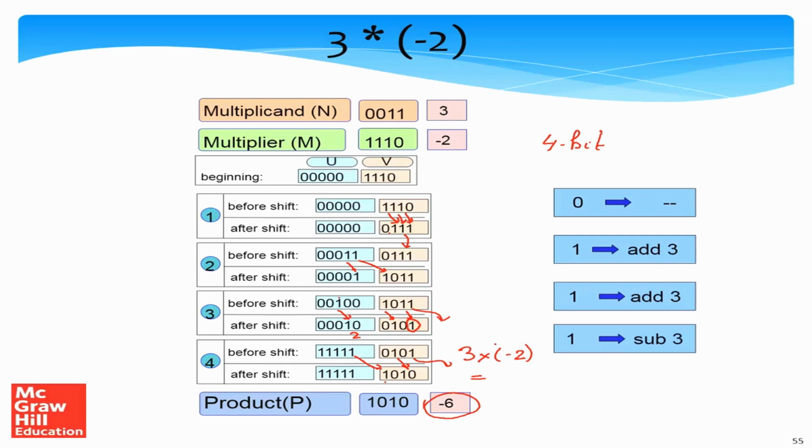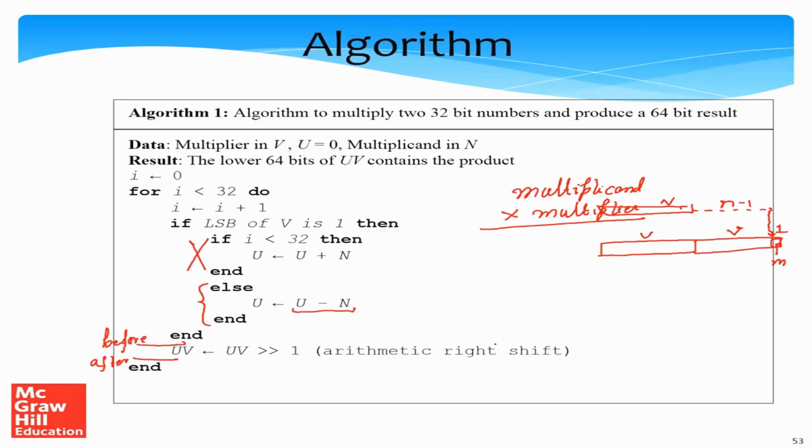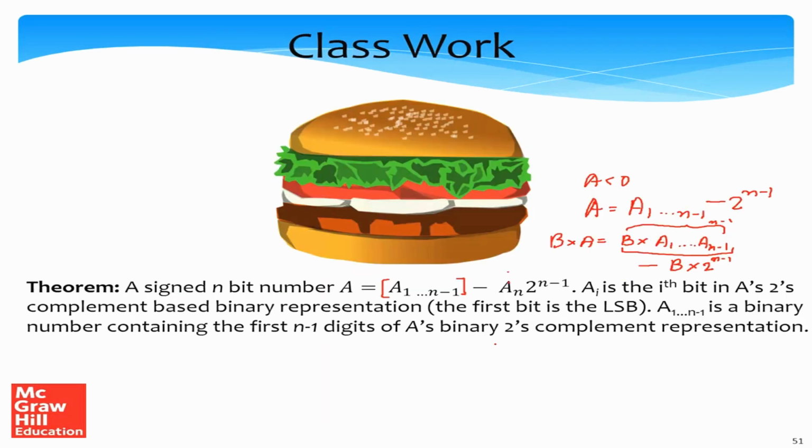And the reason we did this is because of the following theorem. Let's go with more conventional terminology. The multiplicand is being multiplied with the multiplier. This can be written as follows: the multiplier, let's consider the first 1 to n minus 1 bits.